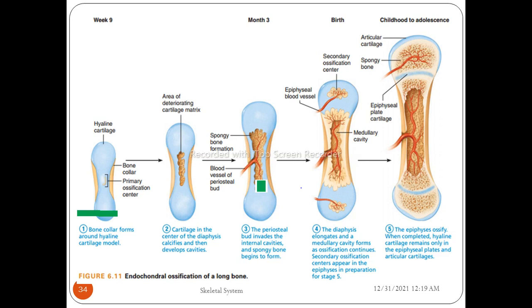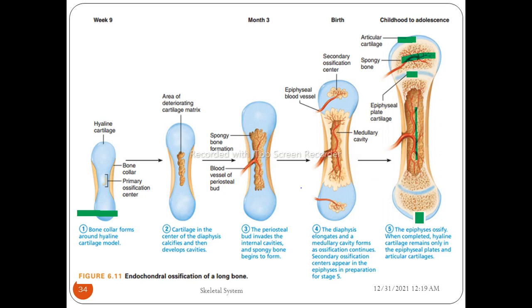Finally it will be just like this. The marrow cavity will be produced, the primary ossification center will occur on this, and the secondary ossification center will occur, and sponge bone will occur here, and this is the epiphyseal plate, and this is the articular cartilage that will be formed.